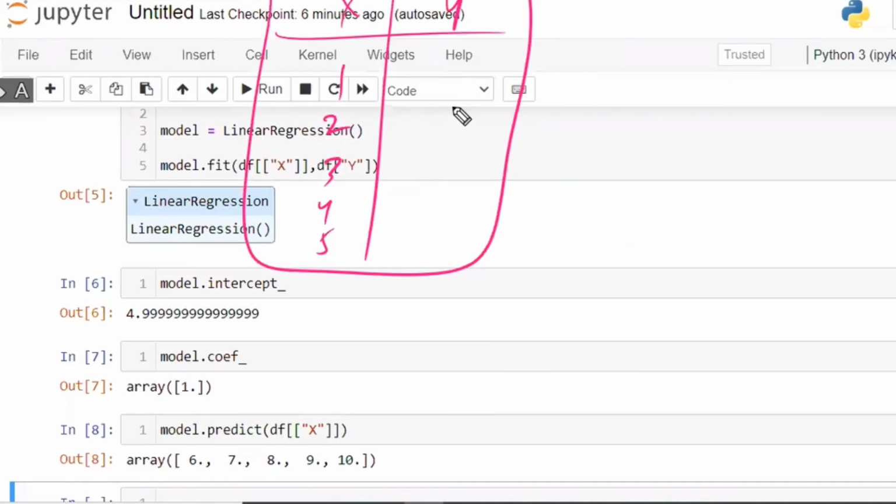Because y bar will be some decimal value, y minus y hat will be very difficult to calculate. That is the reason I'm changing the values. 6, 6 plus 4, 10, 10 plus 5, 15, 15 plus 5, 20, 20 plus 10, 30. Okay, done. Now it is okay.